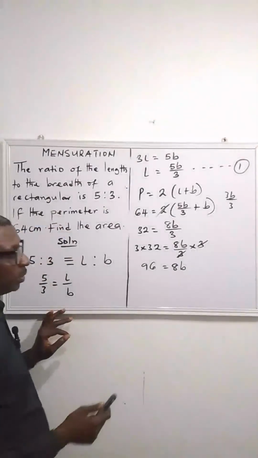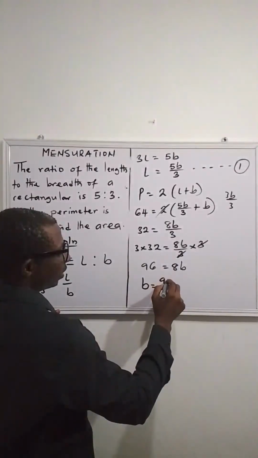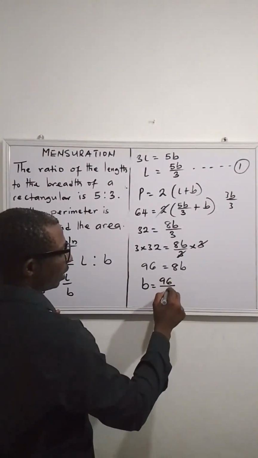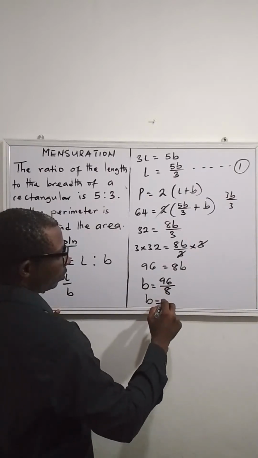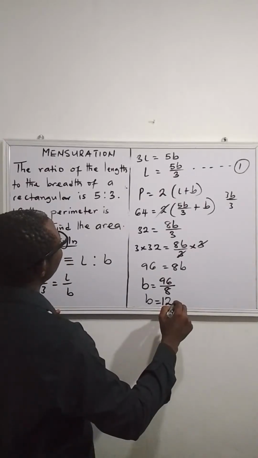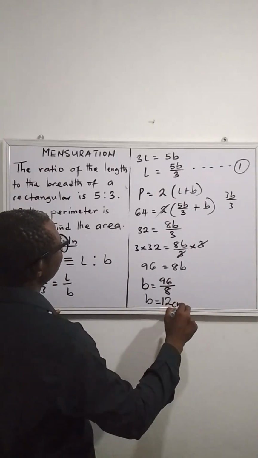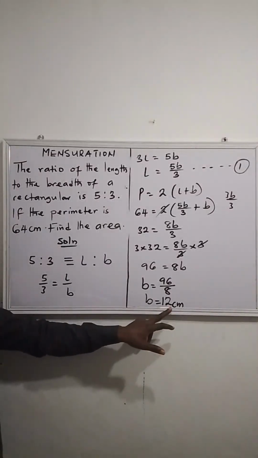And what is B here now? B is 96 over 8. So what is B? B is going to be 12. 12 what? 12 centimeter, okay? So the breadth is 12 centimeter.